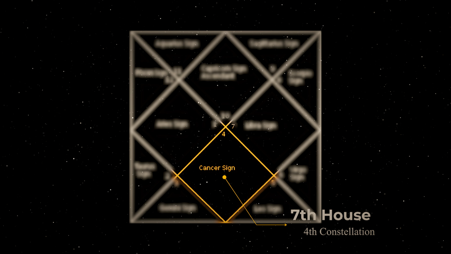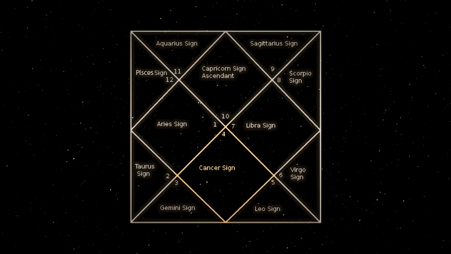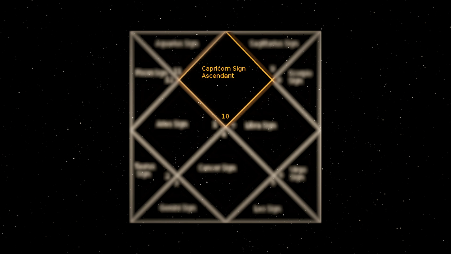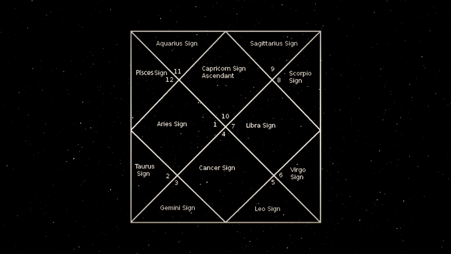Now, because I use the North Indian chart, and what you are seeing on the screen right now is a North Indian chart, you'll notice that in this first house, which is the ascendant, there is also a number. The number is always going to range between 1 and 12, and it represents a zodiac constellation.